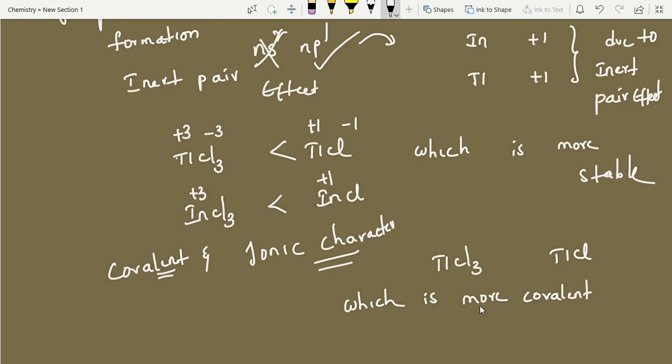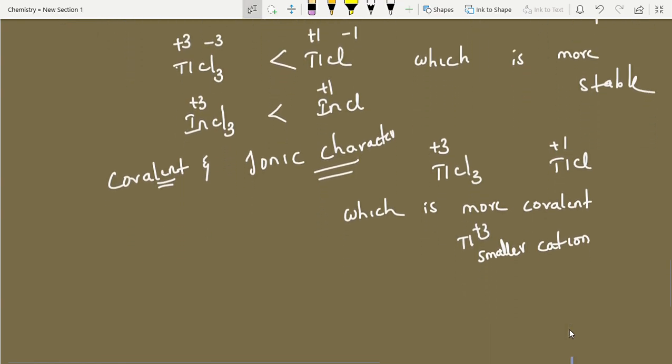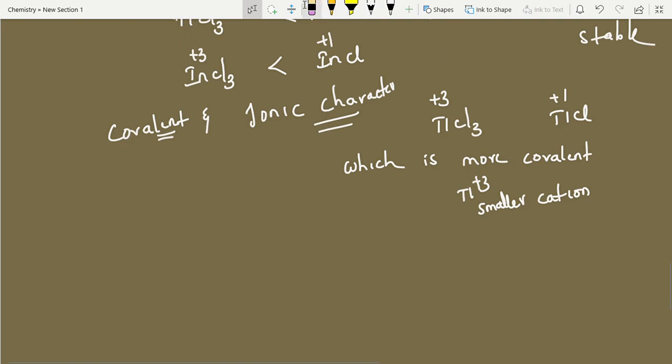Yes, students, this is +3, this is +1. Thallium +3 is a smaller cation, where the metal loses more electrons. Or else you can apply one more: higher the charge, more covalent character.